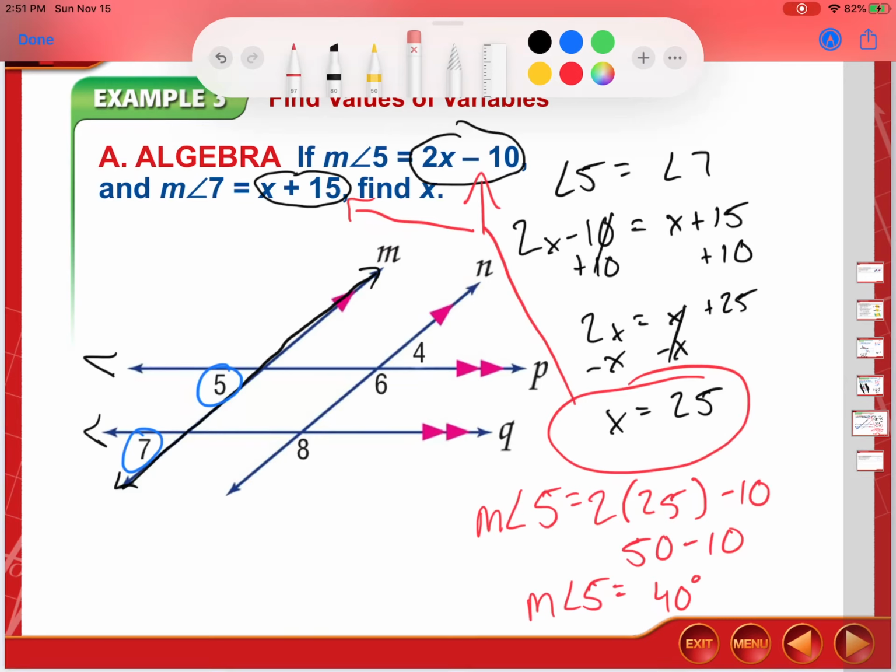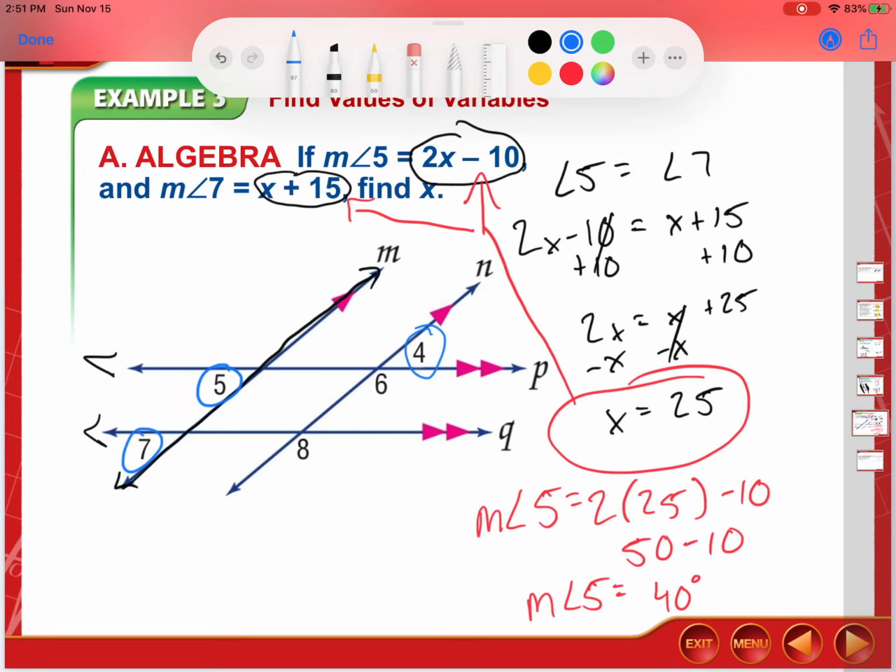If we wanted to, we could go back in here and find the measure of each and every one of these angles, since we know that all our acute angles are going to be the same.